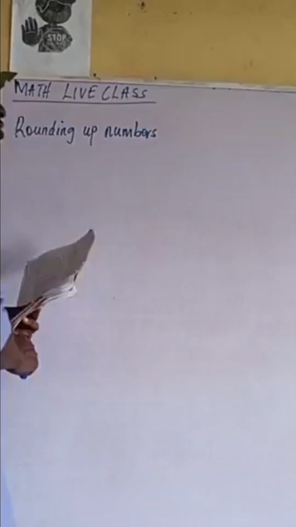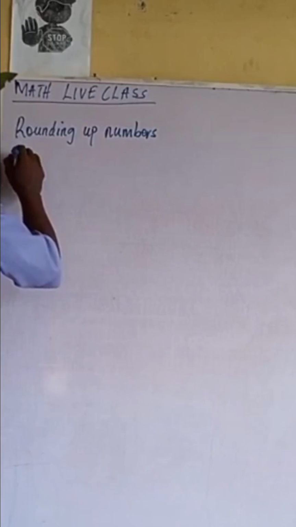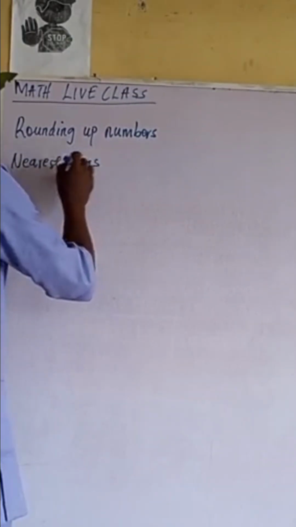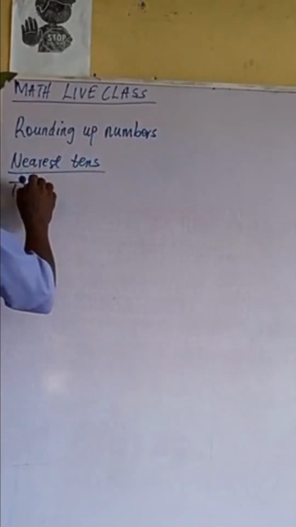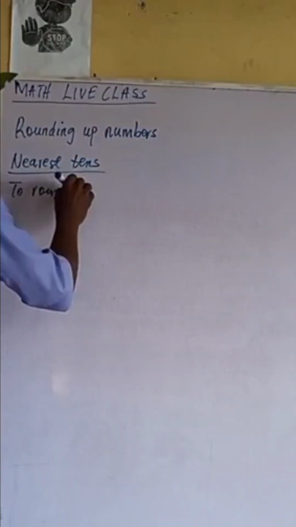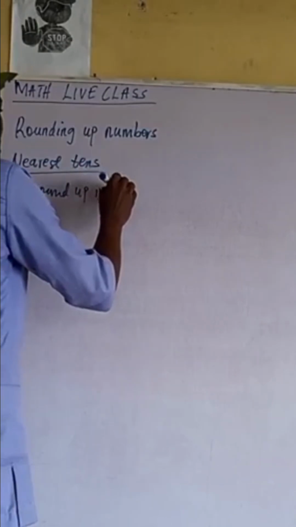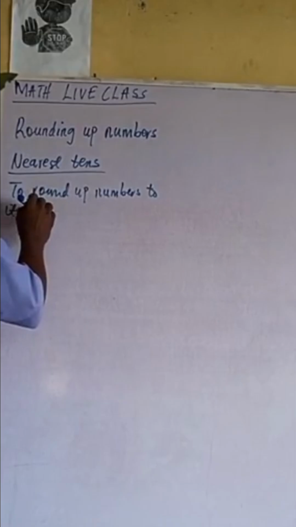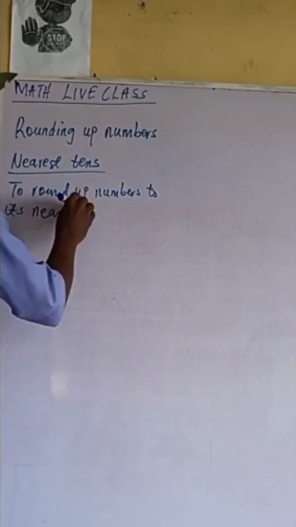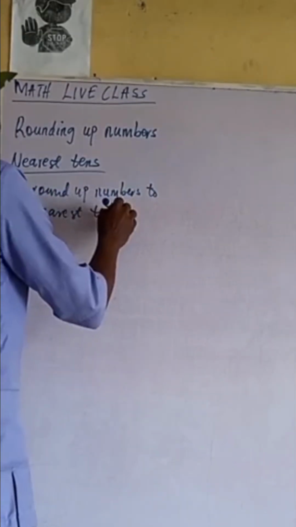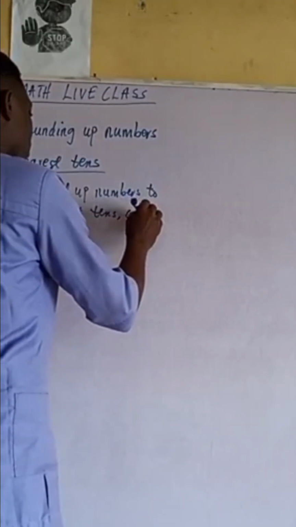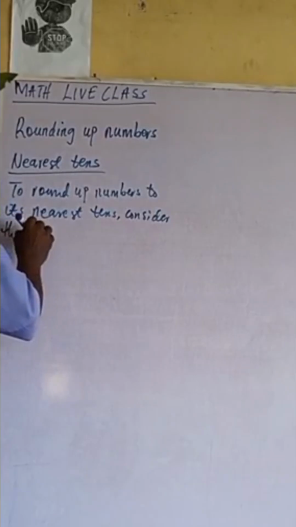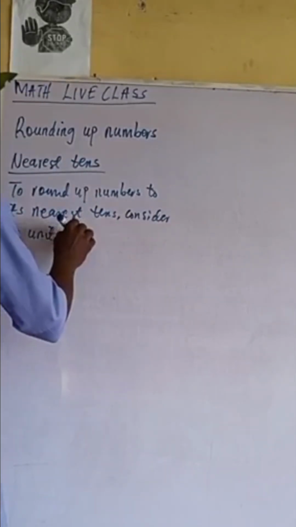Let me see what I can put up here on the board. Nearest tens. To round up numbers to the nearest tens, consider the unit digit.